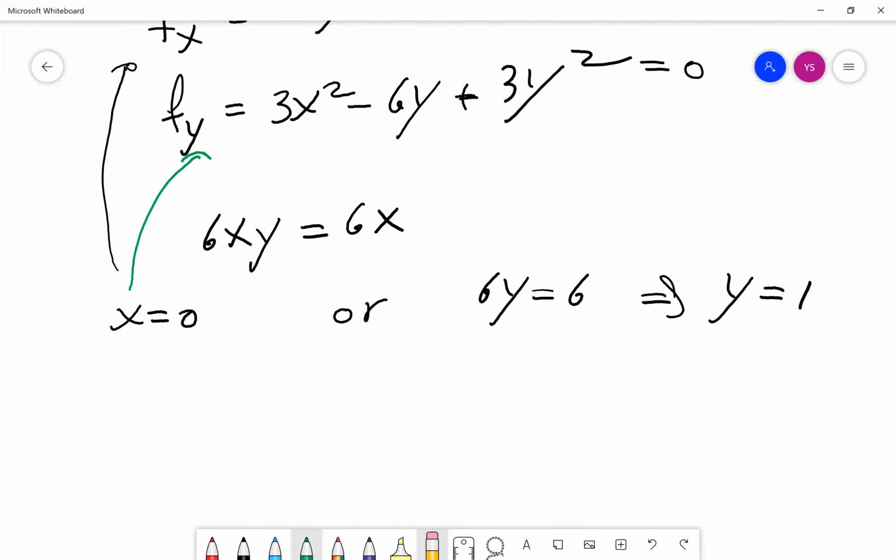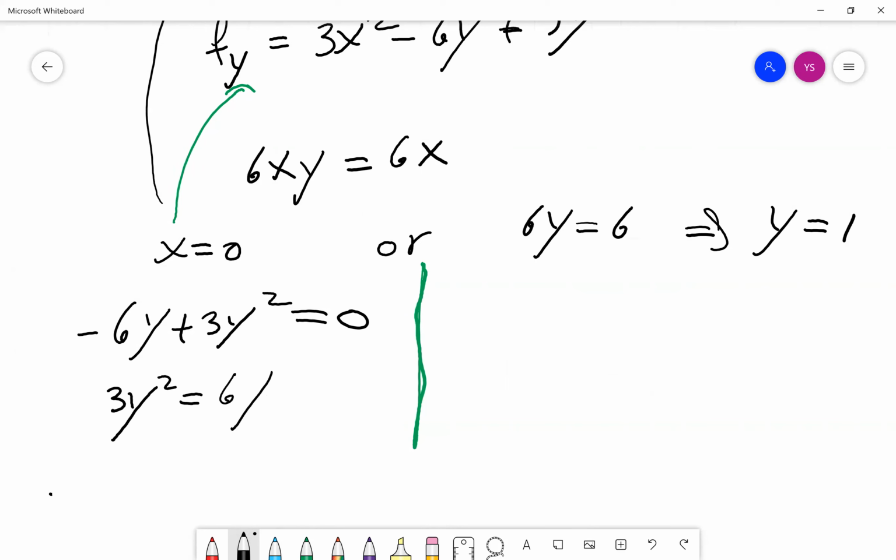So we get negative 6y plus 3y squared is equal to 0, or in other words, 3y squared is equal to 6y.